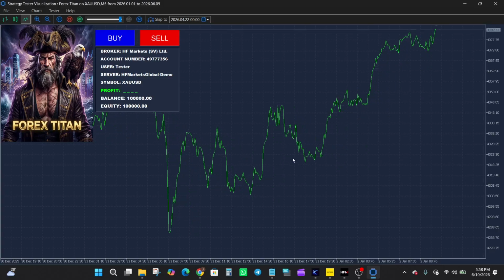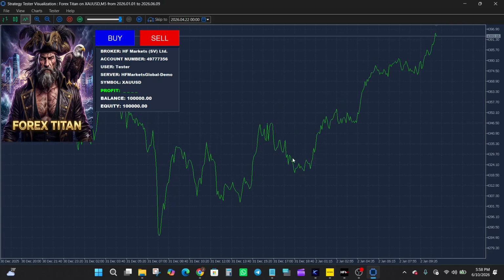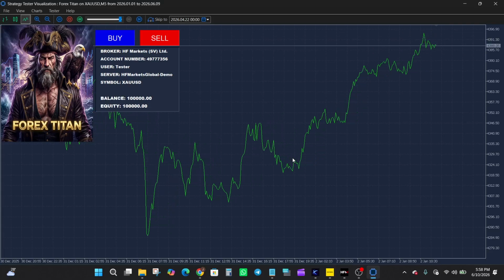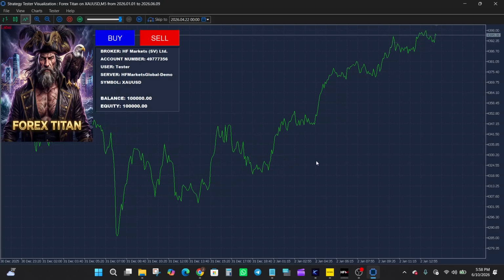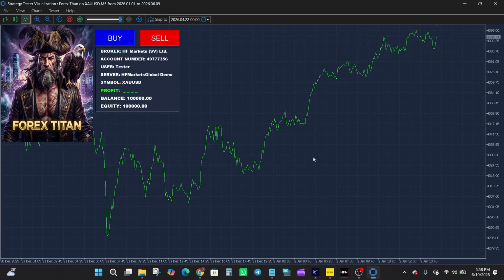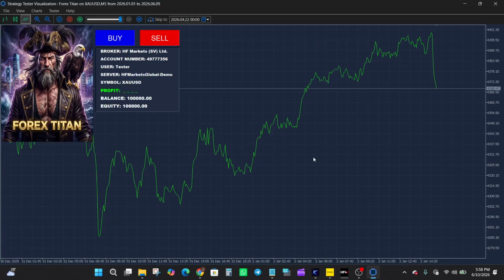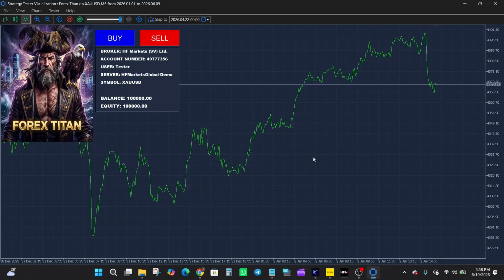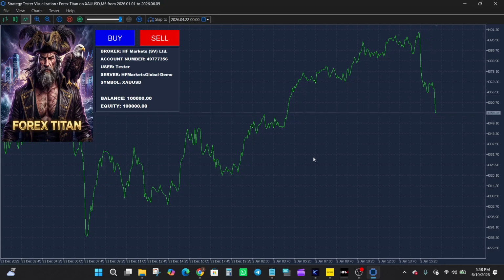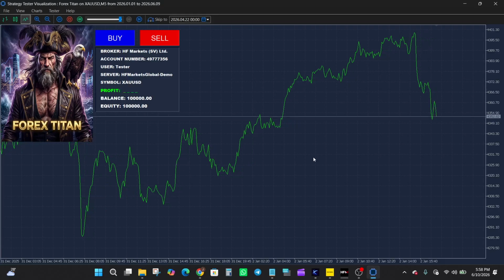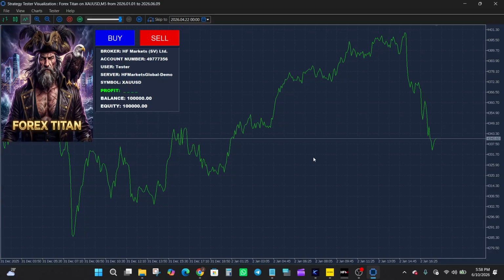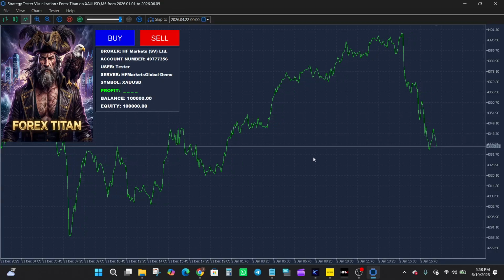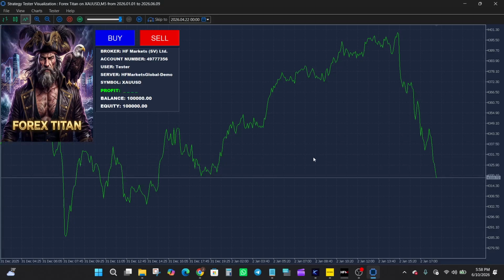So looking at the chart during the back test, I just want to observe how the EA interacts with past price movement, especially around volatile and ranging periods. The logic appears to respond differently depending on whether the market is consolidating or expanding into directional moves, which aligns with the breakout and price action structure described earlier.